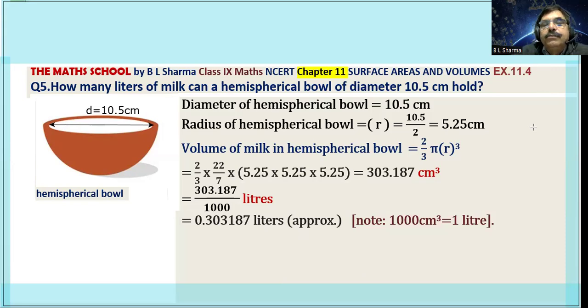So whenever the volume in centimeter cube is given and we want to convert it into liters, divide by 100. Sorry, divide by 1000, because 1000 centimeter cube is equal to 1 liter. So this is the answer of this question. That's all for this question.